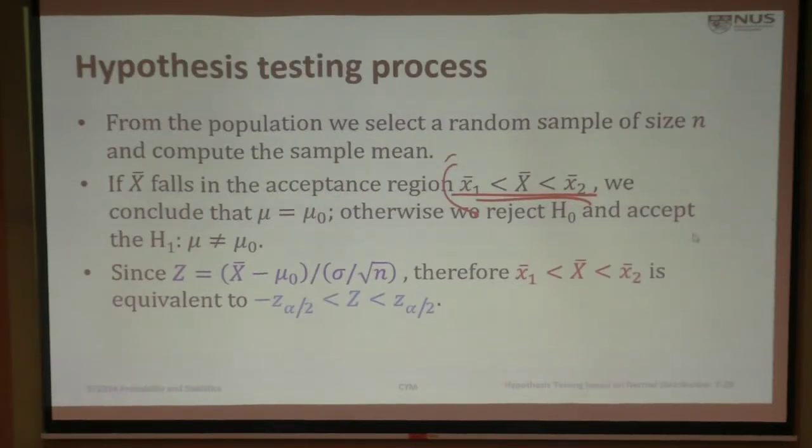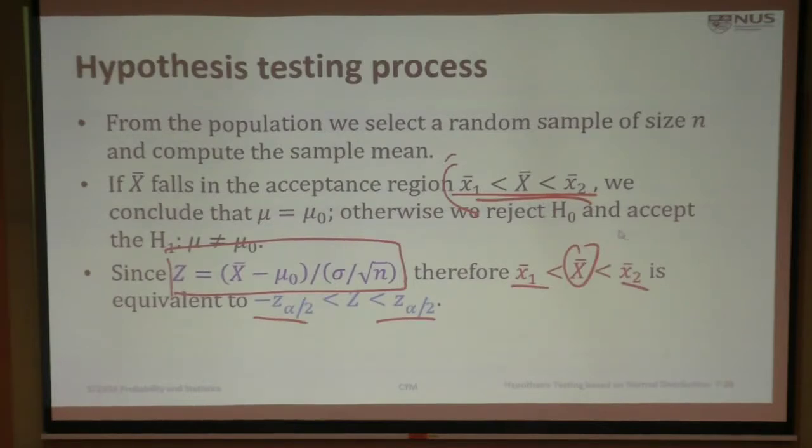All right. So most of the time, instead of using x bar between these two numbers, we use this test statistic, which is a function of x bar: x bar minus mu naught divided by sigma over root n. If this test statistic falls between these two numbers, it is in the acceptance region. If it falls outside these two numbers, then it's in the rejection region.